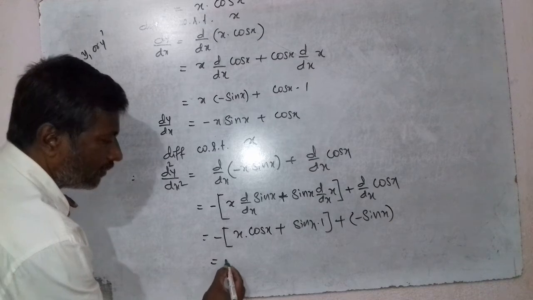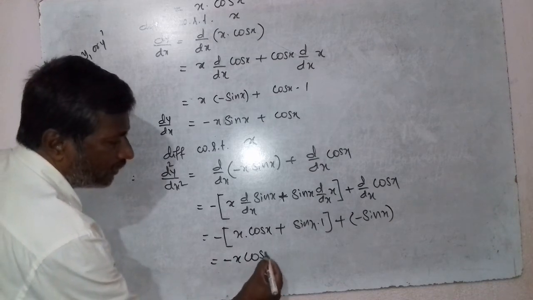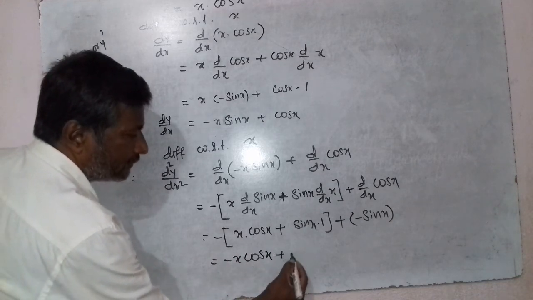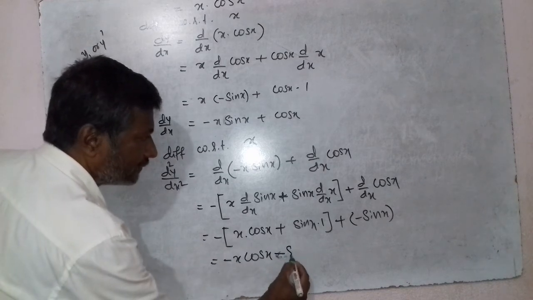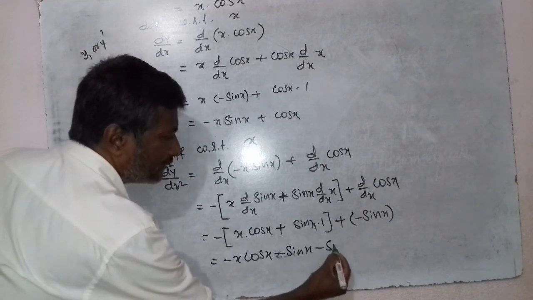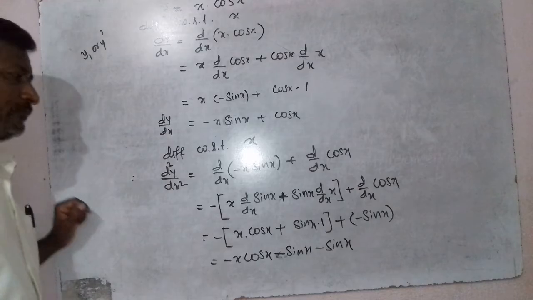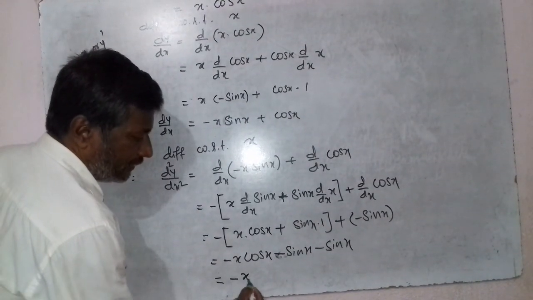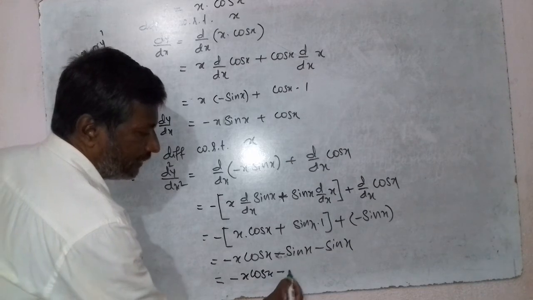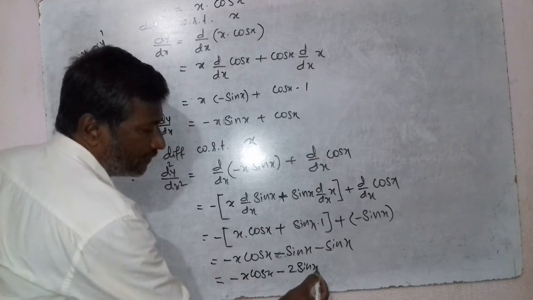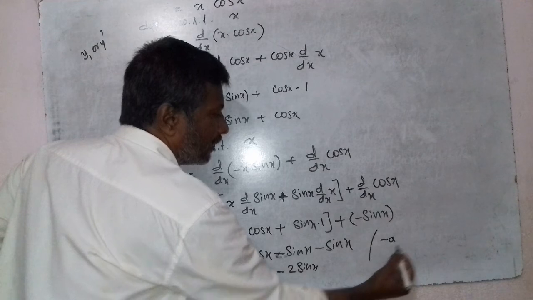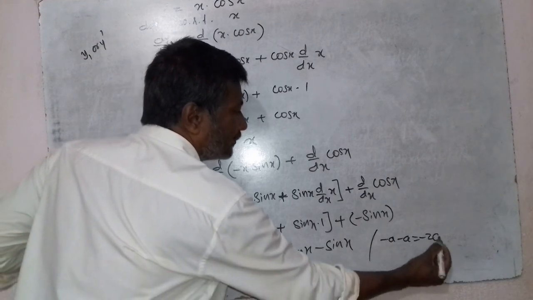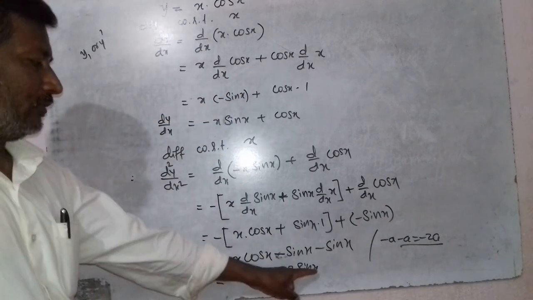This equals minus x cos x minus sin x minus sin x. This equals minus x cos x minus 2 sin x.